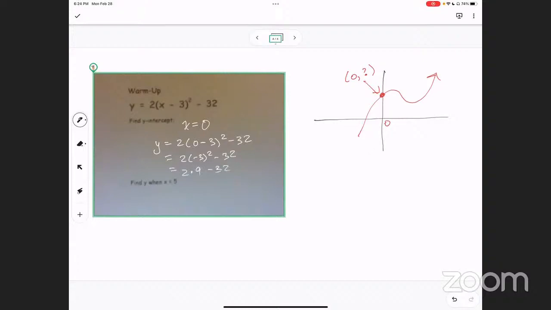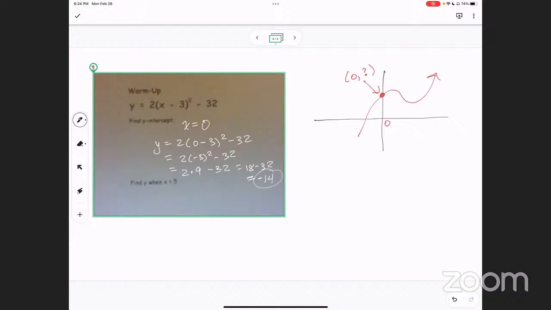And what's 2 times 9? 18. And what's 18 minus 32? -14. Good. -14. Now the next question says find y when x is 5.